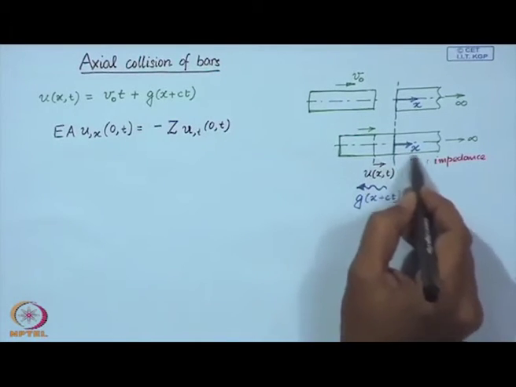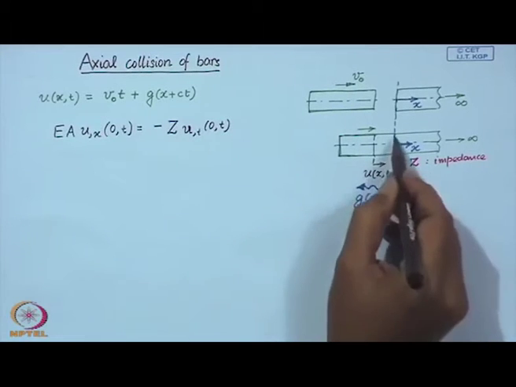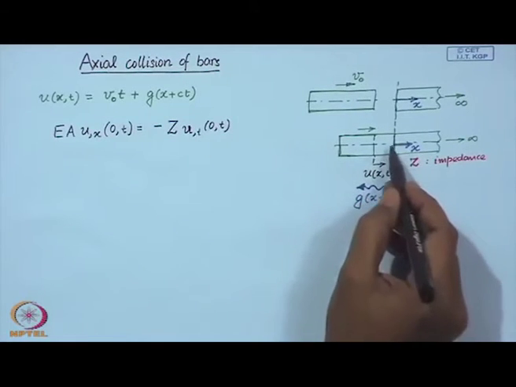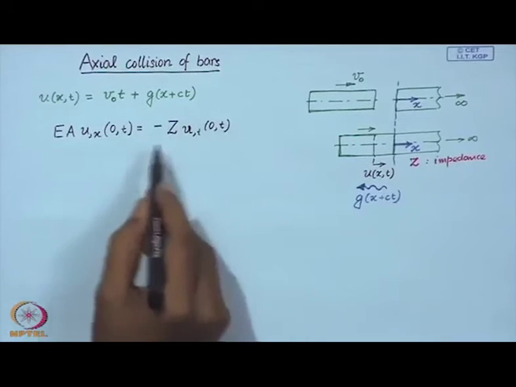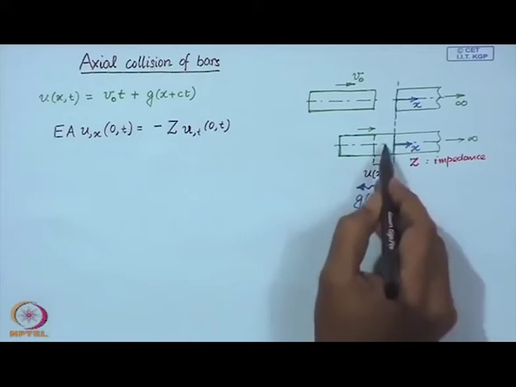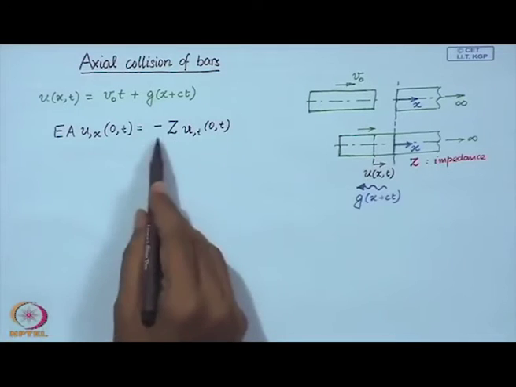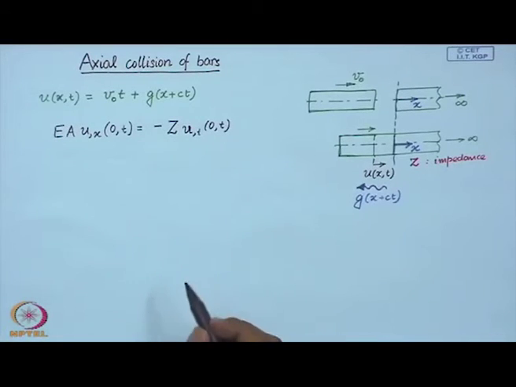If the impedance is z, then z times the velocity of this face of the bar must be the force, and that force is felt by this finite bar as negative of z times the velocity.